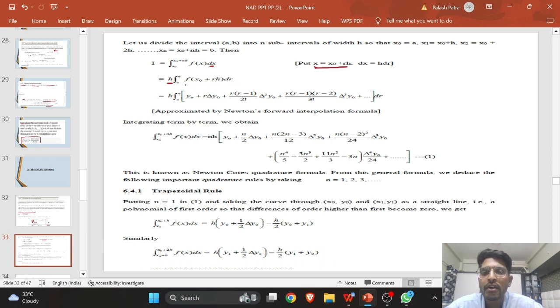Now we use the Newton forward interpolation formula, which we have studied earlier, to expand it.